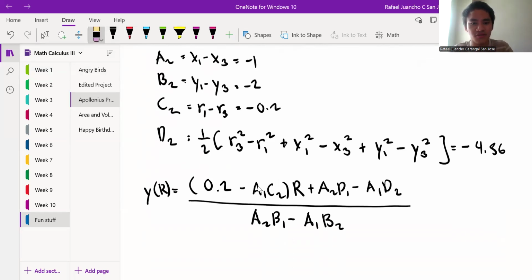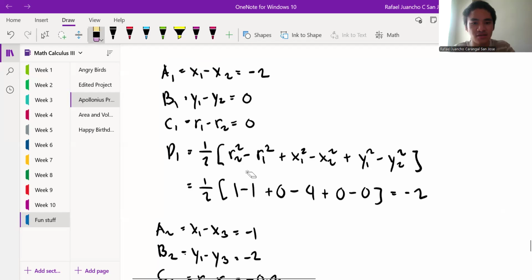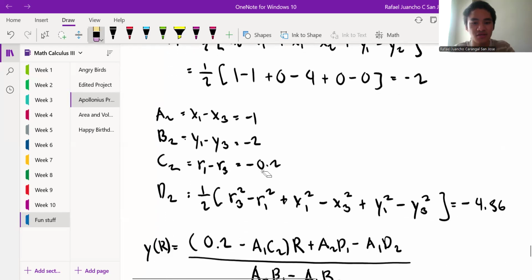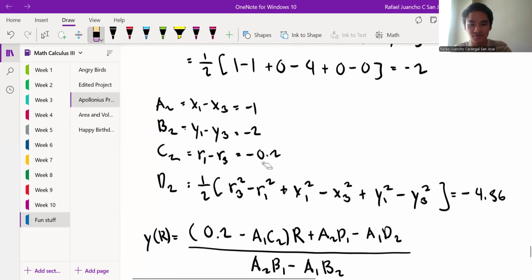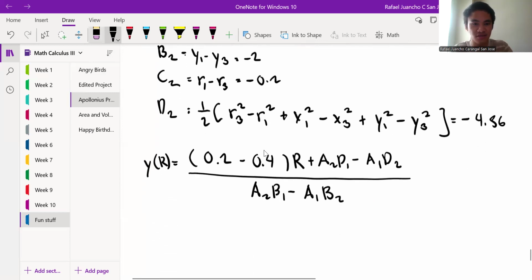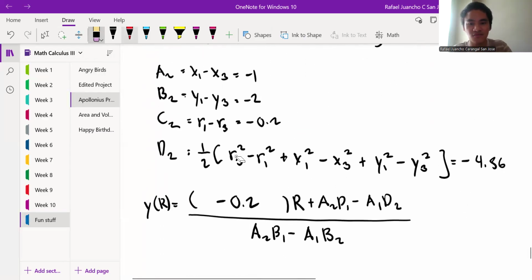Okay. A1, C2. A1 is -2 times negative 0.2. So 2 times 0.2, well, that's just 0.4. And then I just subtract these two. Look at that. I get negative 0.2. God, I hope this works. Okay, A2 D1. This is -1.